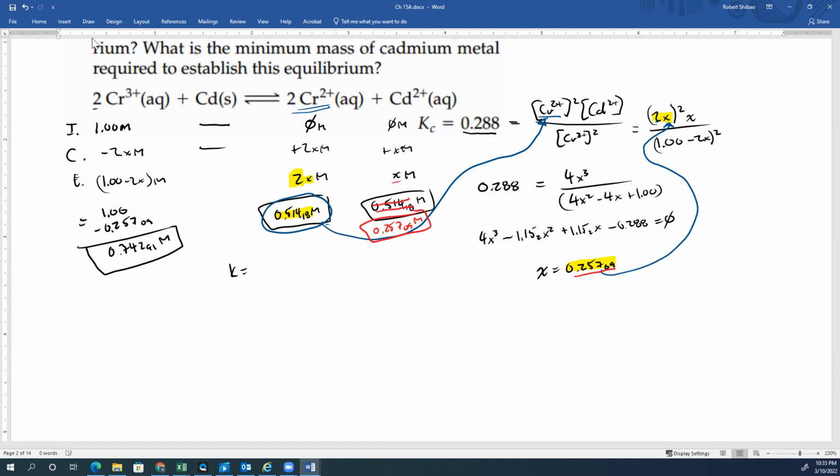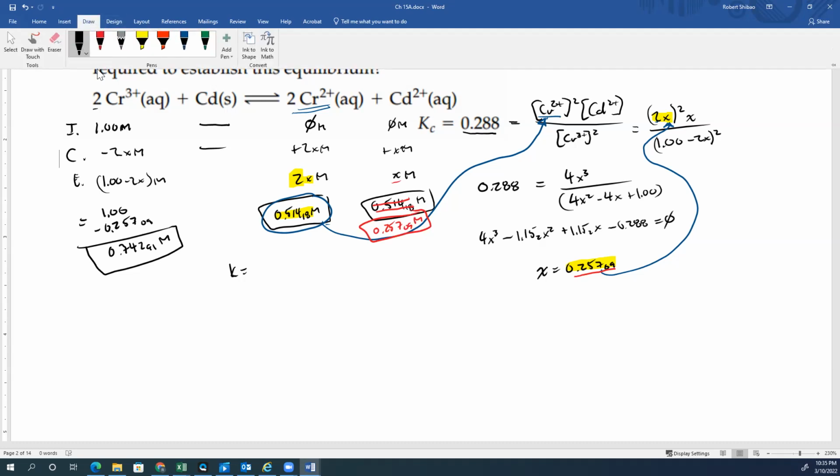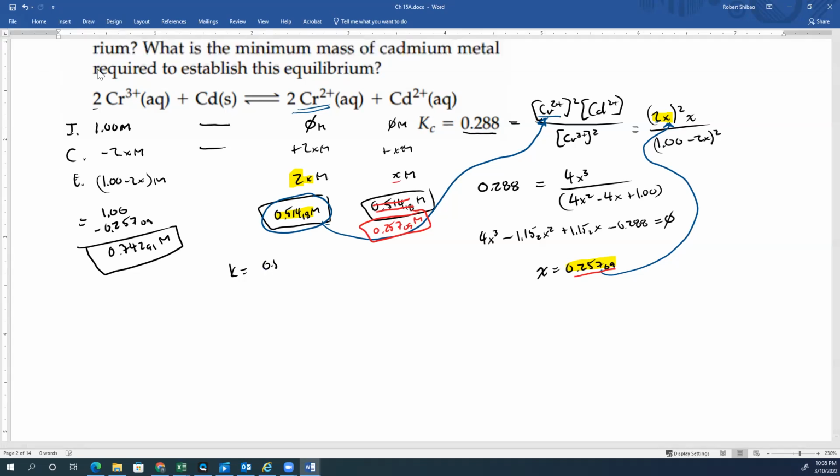Okay, so now let's check our calculation. So to check our calculation, this is going to come out to 0.51418, and it's going to be the chromium 2 plus squared. So we're going to square that. And then the cadmium 2 plus is just to the first power. So this is going to be times 0.25709.